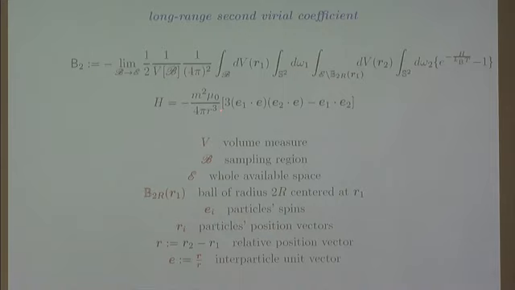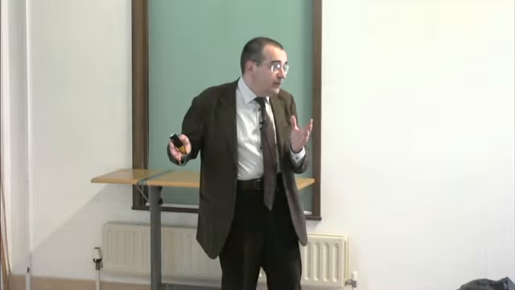I assume that the system is distributed over the available space, and this E is the available space, and I take out, as I did in my previous considerations, this ball of radius 2r. Of course, this is so easy because we are dealing with spheres.